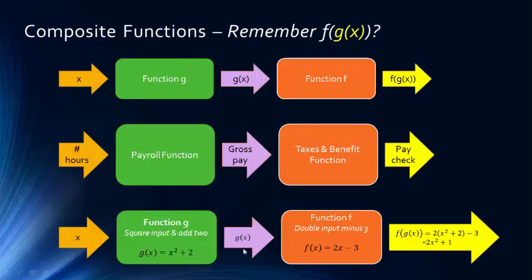But when I put g of x into function f, this formula g of x gets placed wherever there is an x. So this becomes 2 times (x squared plus 2), minus 3. Then we simplify and we get 2x squared plus 1. That was a brief review of composite functions from algebra.